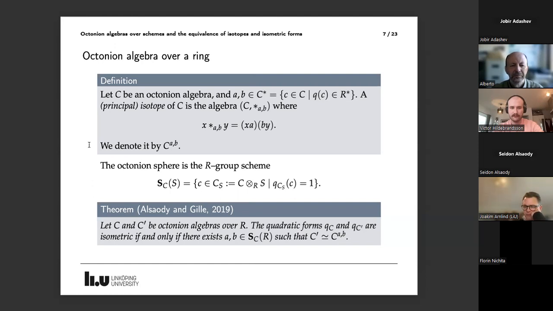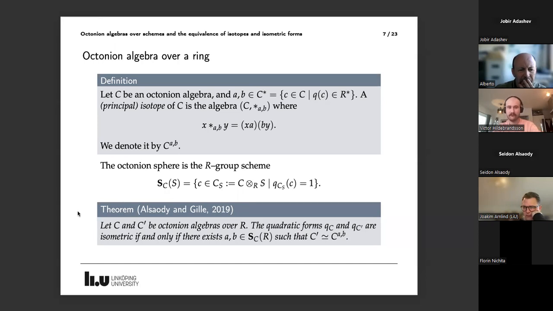And then we have the Octonion sphere, which is a group scheme sending any R-algebra S to the set of elements of the extended scalars of this Octonion algebra with a norm of 1.